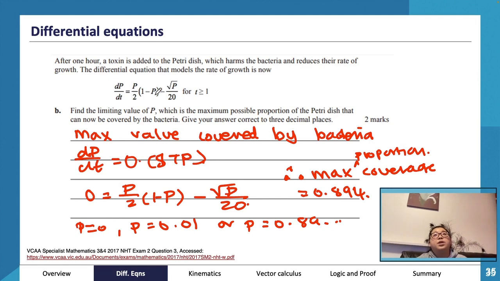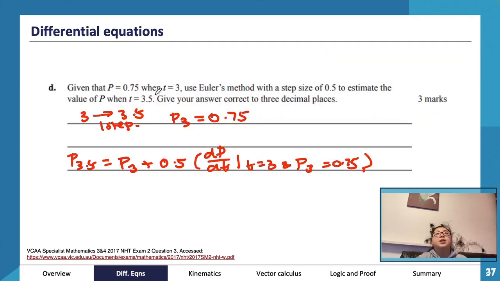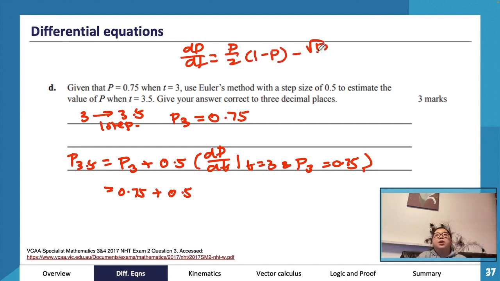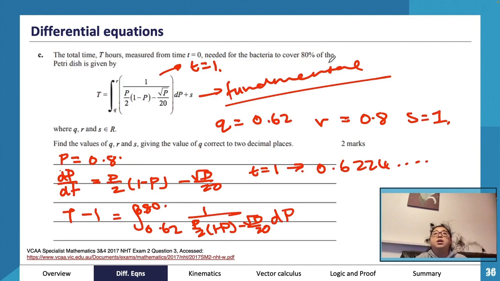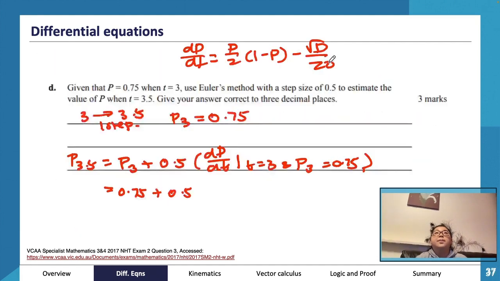So that's the equation we're going to use. So if we put that in to our equation here, p3 is 0.75 plus 0.5 of, and our equation dp dt was something like p over 2, 1 minus p minus root p over 20, I think. Let's just do a quick check. Yep, looks good.